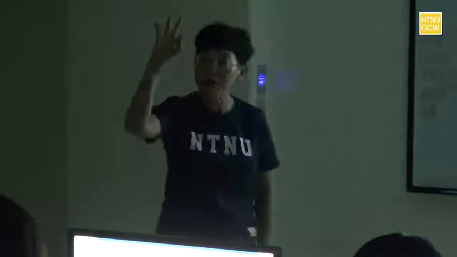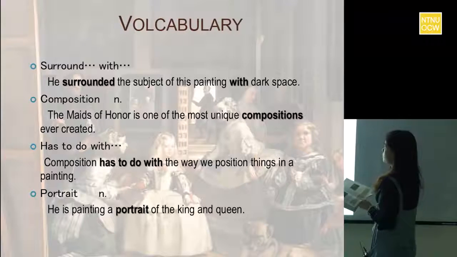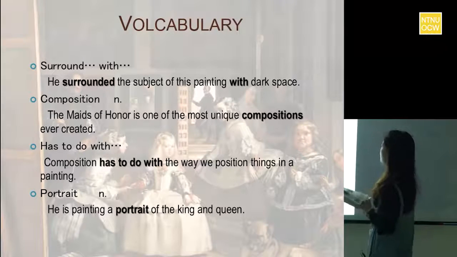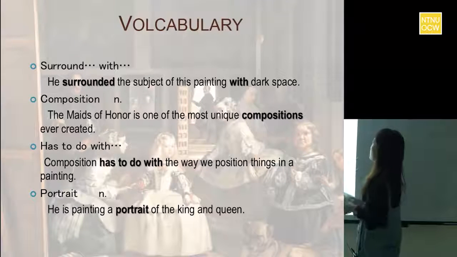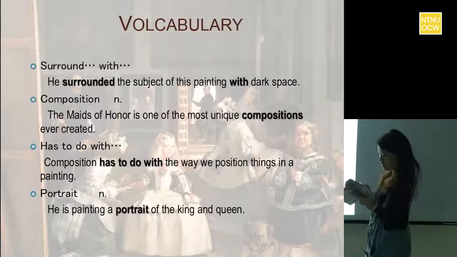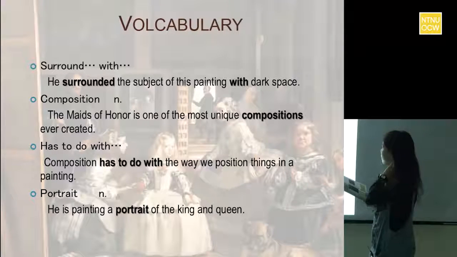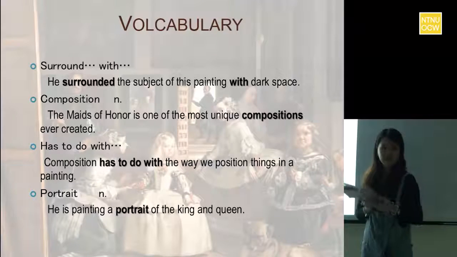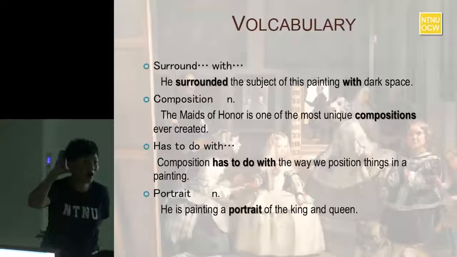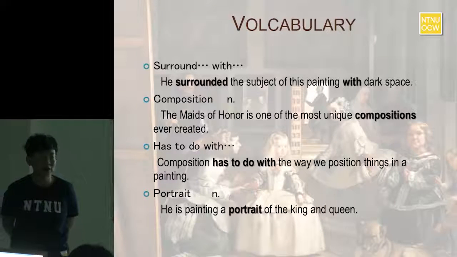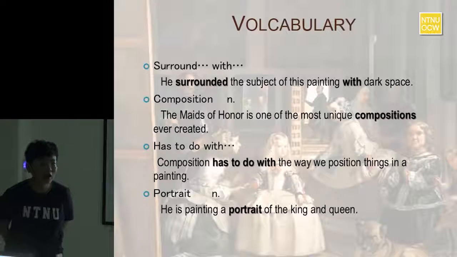So the three paintings were done, and next is the vocabulary, and the first one is surround with. In this textbook, we have: he surrounded the subject of his painting with dark space. So 亚伦 tell me which painting? 它的周围都是一个很黑暗的背景。Can you remember all the paintings that we have studied so far? 哪一个画都是背景很黑暗的。那个保罗那张。That's right.